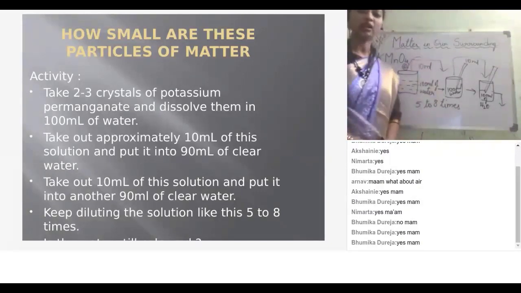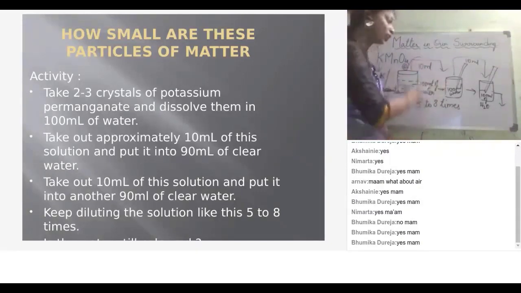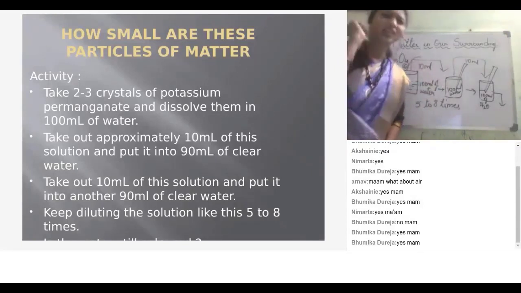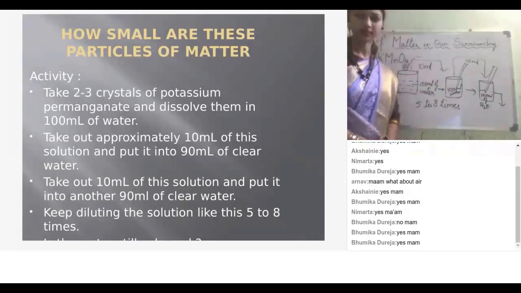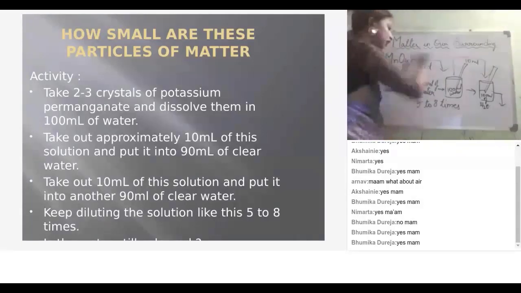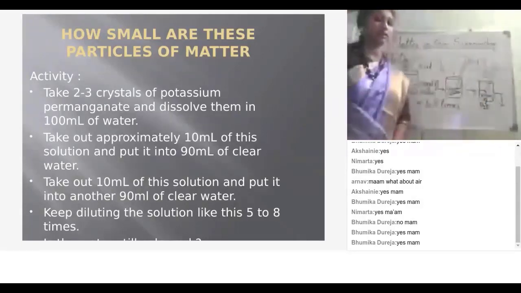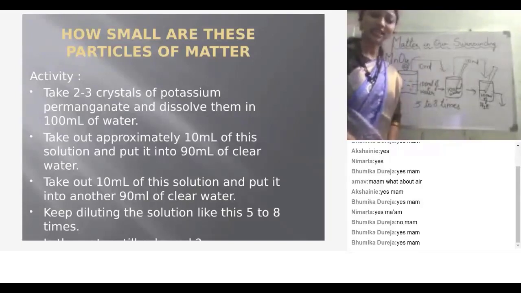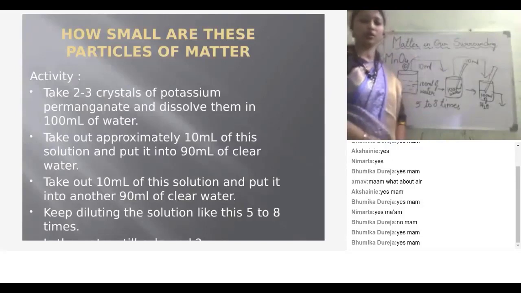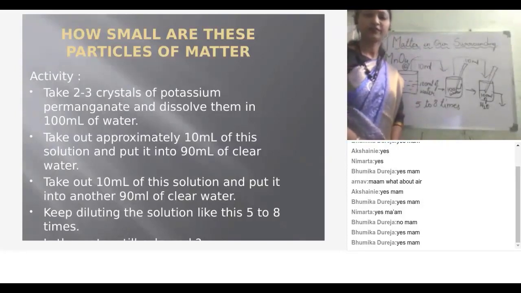With this activity, the evidence is that the particles are very, very small. They break by themselves and transfer from one beaker to the other till the 8th beaker. We can say the particles are very tiny.